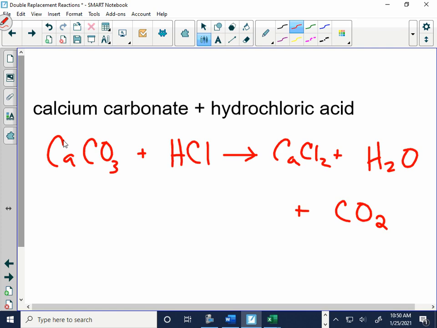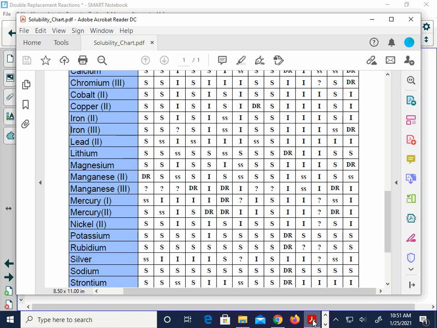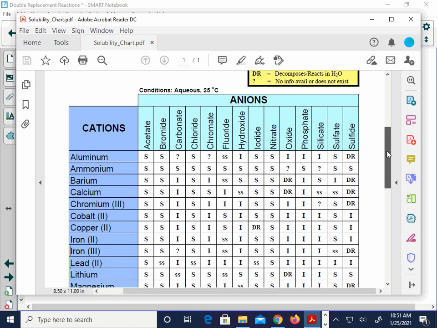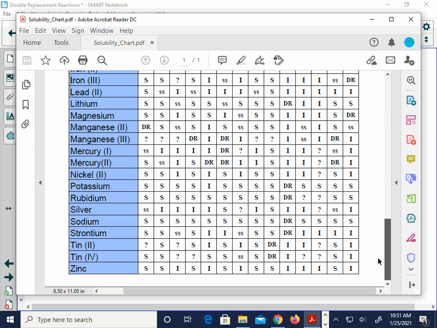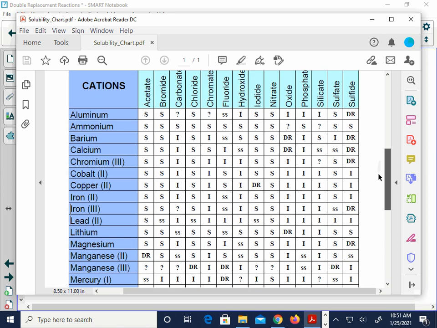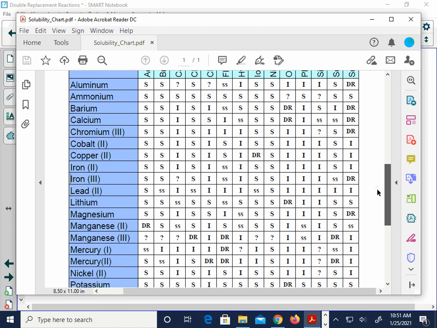Now, do I need to look at the activity series? Did it tell me to look at the activity series? Okay. Actually, let's look at the solubility chart, people. You tell me, do you see hydrogen on the solubility chart?